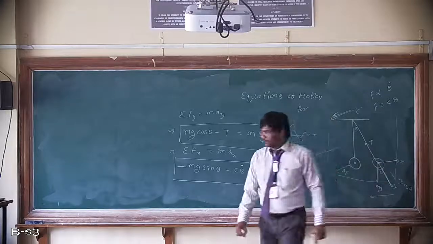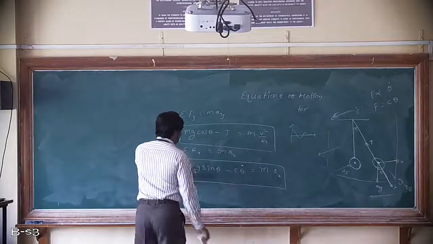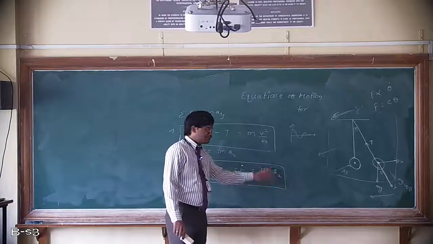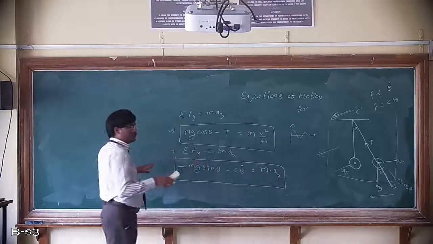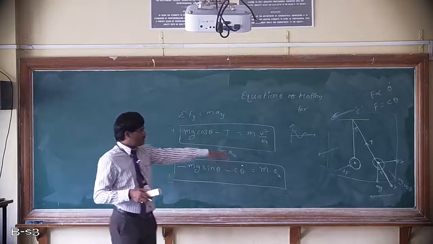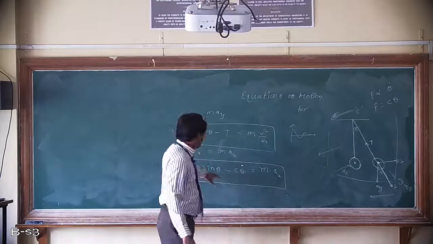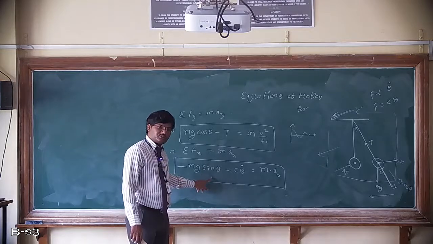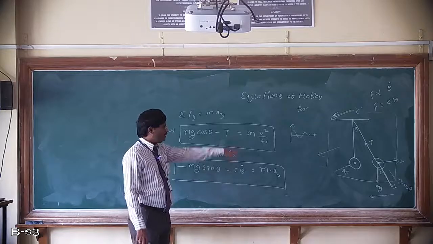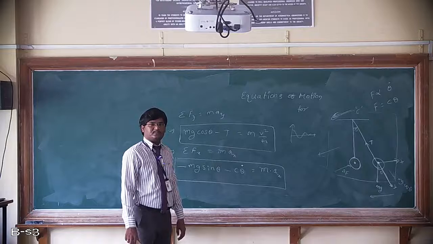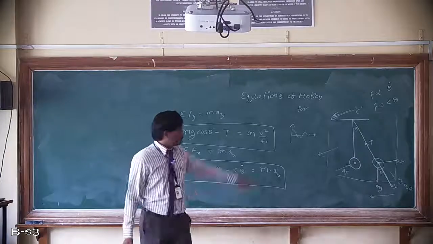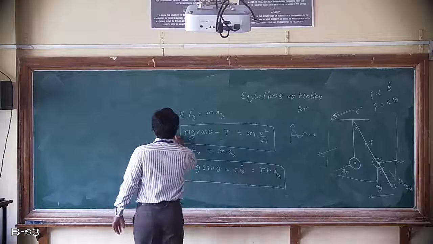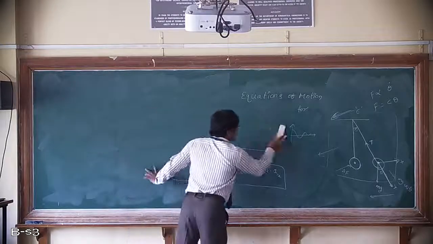So we take the equation minus mg sin theta minus C theta dot equals m ax. I am analyzing this dynamic system using this second equation. If you solve it, you will find the response of the system, and how much time it will take to come back to the initial equilibrium condition. So I am taking this equation. Are you following?